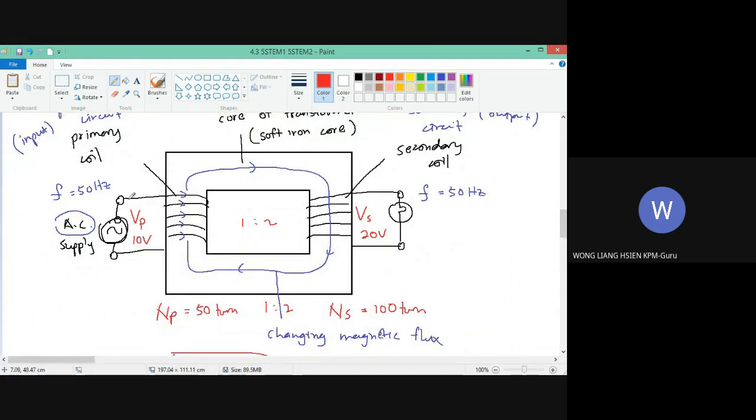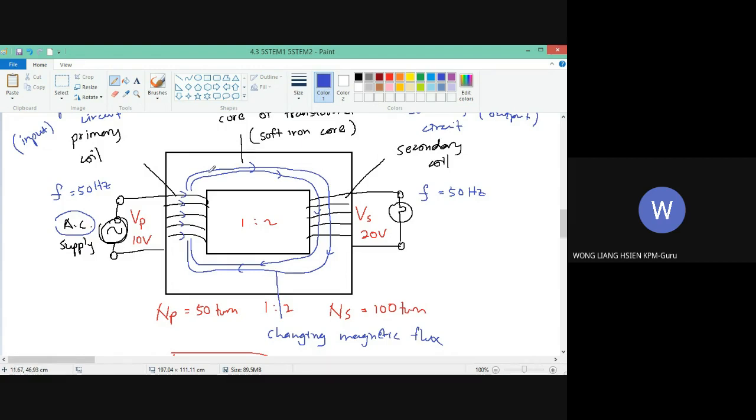when the alternating current flows in the primary coil, the magnetic flux flows through the iron core, right? So actually, when the magnetic flux passes through the iron core, it will cause the iron core to become magnetized.